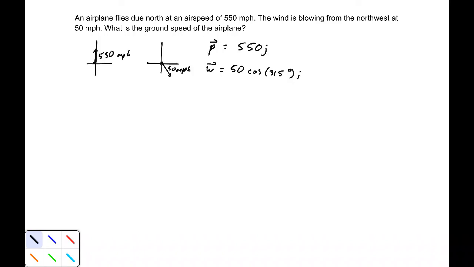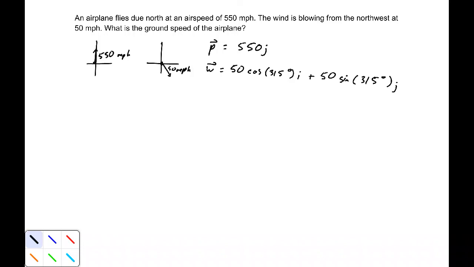And then we have minus 50 times the sine of 315 degrees. Actually, I should probably write that just as plus 50 sine 315 degrees j, but the sine of 315 is going to be negative, so I want to be careful with that.